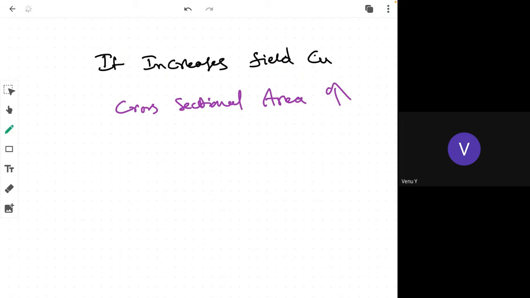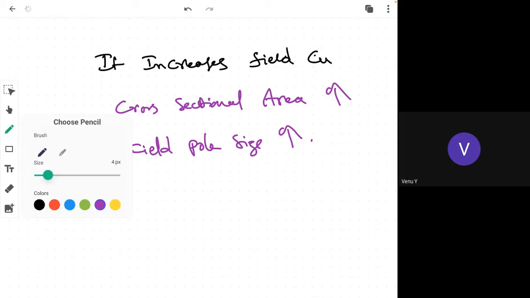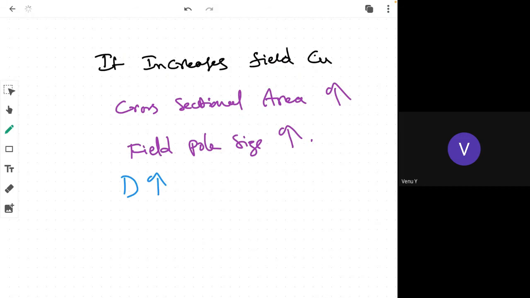And hence the field pole size has increased. Subsequently, the machine diameter also increases.